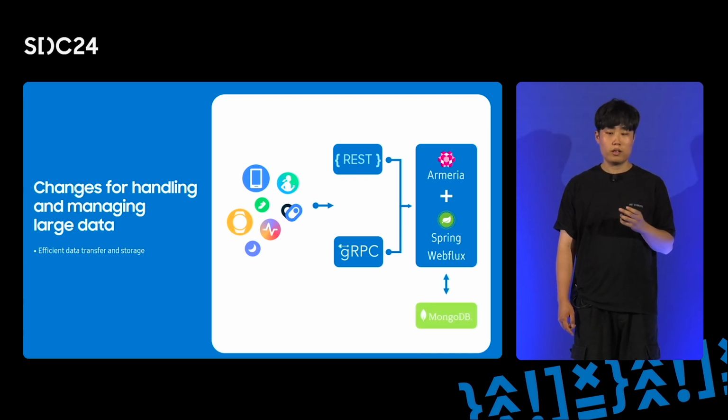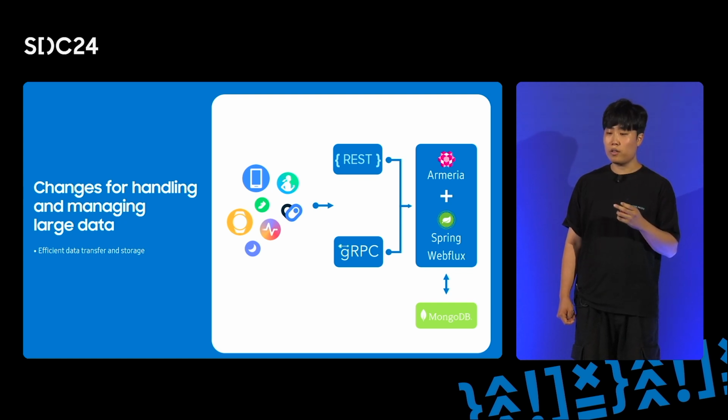Furthermore, data growth calls for database optimization. MongoDB, a well-known NoSQL database, is our alternative option for the existing relational database. So we did. As you know, MongoDB has strengths in efficient distributed processing and fast writing with the aid of its sharding support.